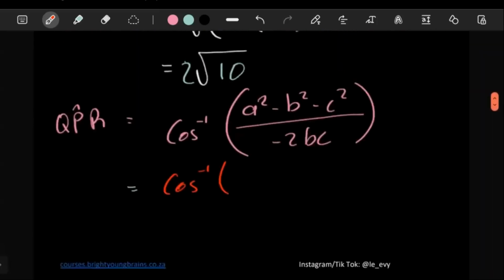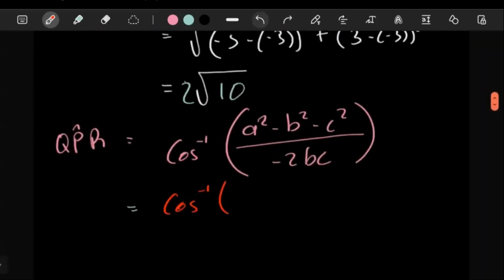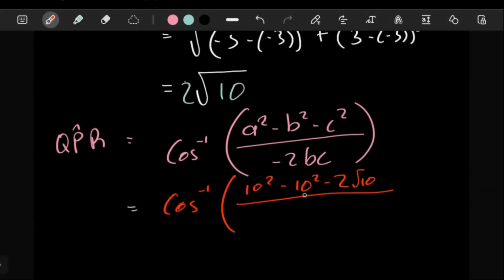So let's do it. It's gonna be 10 squared minus another 10 squared minus 2 square root of 10. The whole thing over minus 2 and then 10 here and then 2 square root of 10.